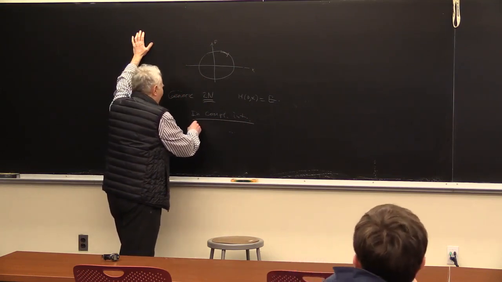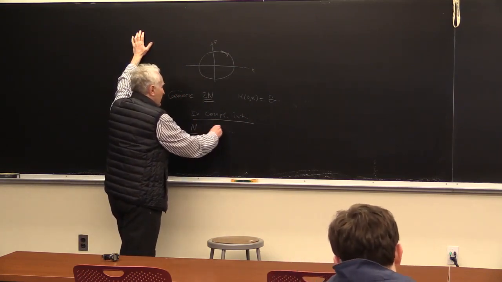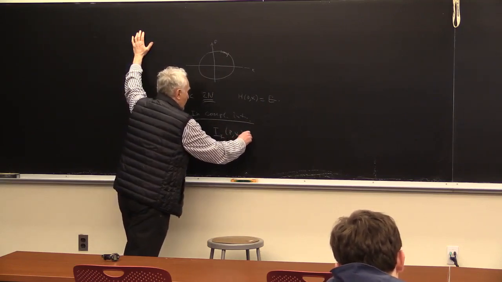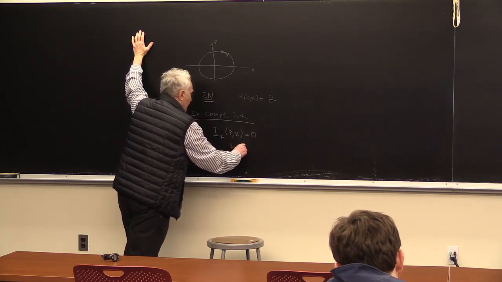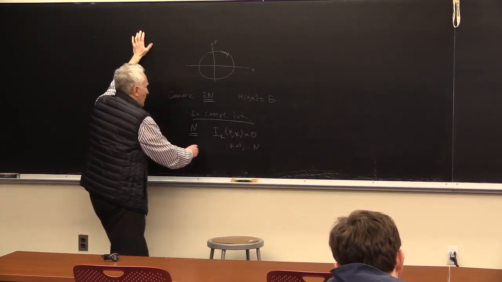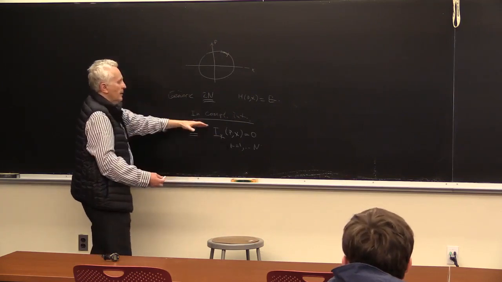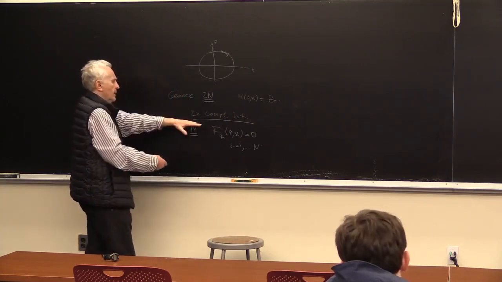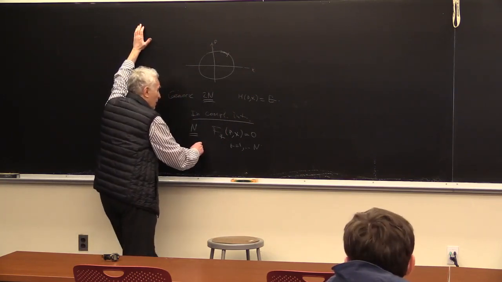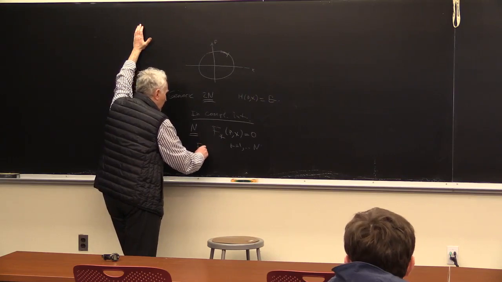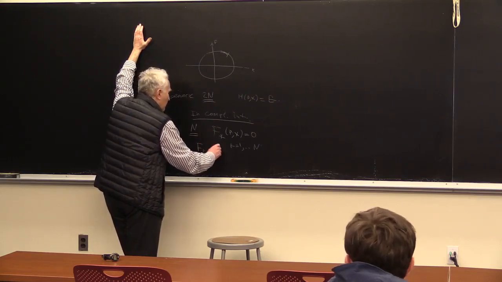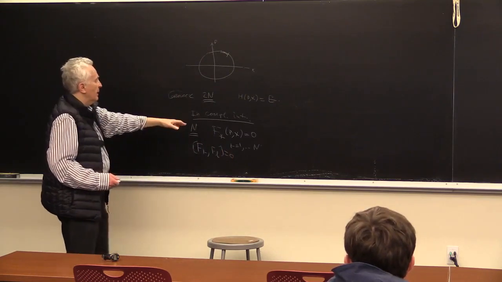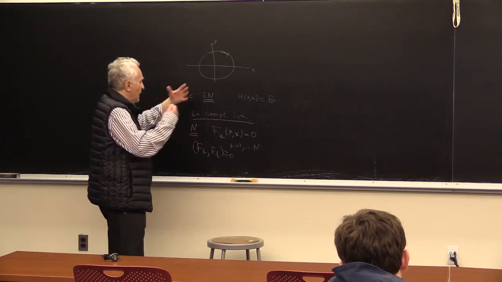You have n conserved integrals, so the number of constraints is n. Complete integrability means that, I probably should use a different letter, it's not yet the action variable, and we assume that the Poisson brackets of any two of these is 0. And then it's clear that the system moves on an n-dimensional space.